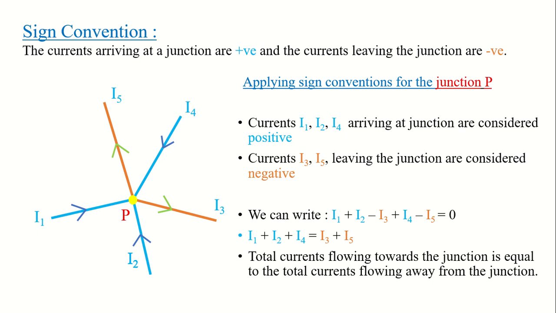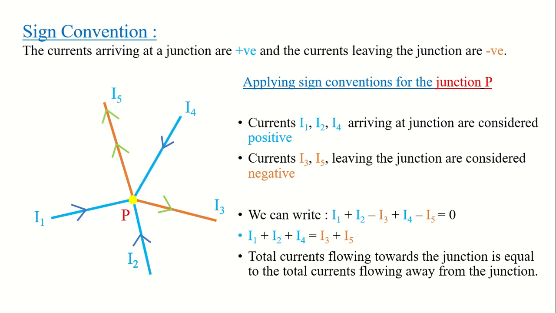Now we will try to understand the sign convention used in Kirchhoff's first law. You can see a junction P in the diagram. Just watch the diagram. You can see currents coming to the junction and currents leaving the junction.